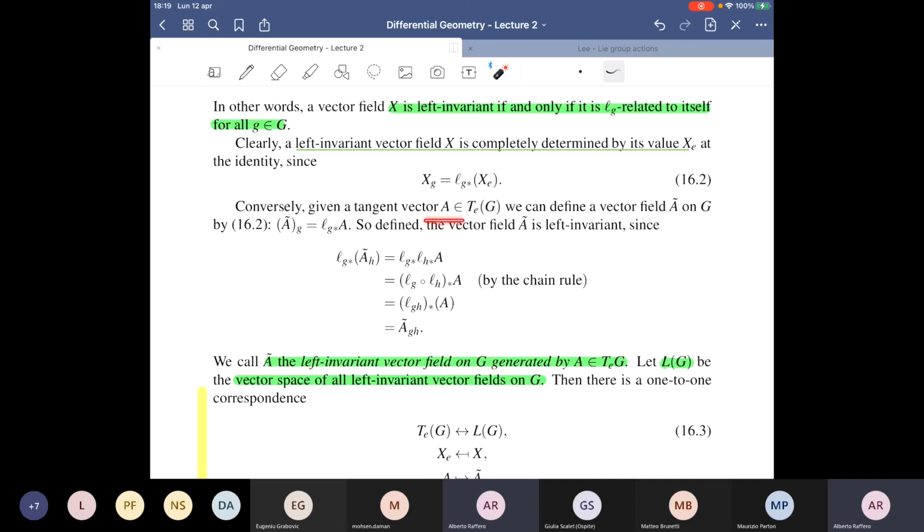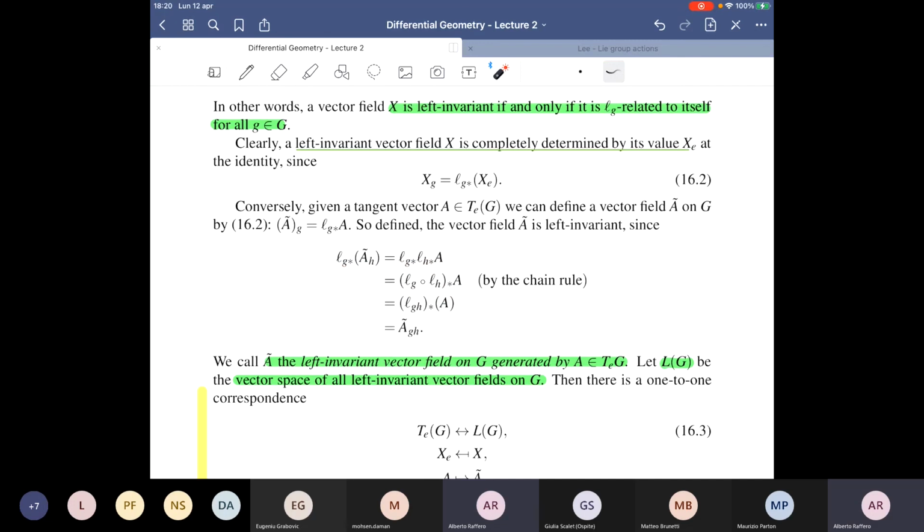Conversely, if you have any tangent vector at the identity to the manifold, it induces a vector field, this A twiddle, in this case on G, just by means of left multiplication. So you just consider the tangent vector here and use the left multiplication map to define it in other points of the Lie group. In such a way, we obtain this vector field A twiddle, which is again a left invariant vector field. And you can show this just using the definition of the differential map.